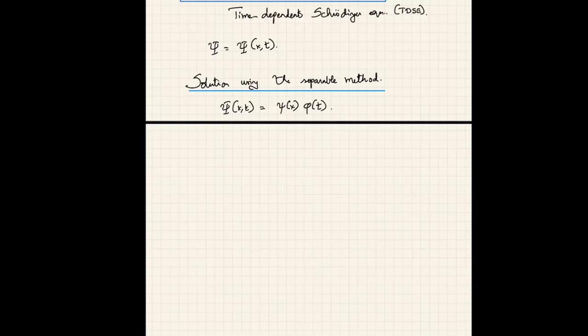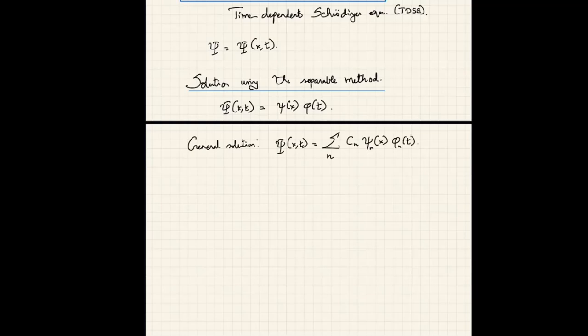So I can find all such psi's and phi's using the separable solution, and I can construct the general solution as a linear combination of all these separable solutions, with some coefficient Cn, psi n of x, phi n of t.